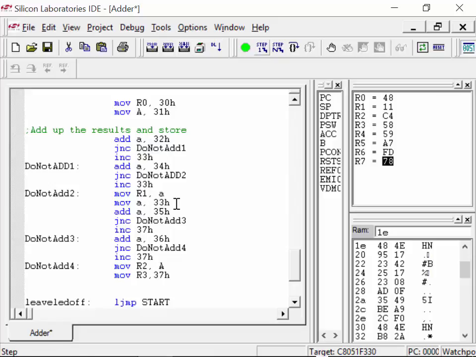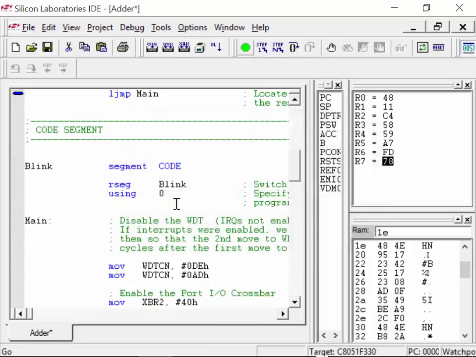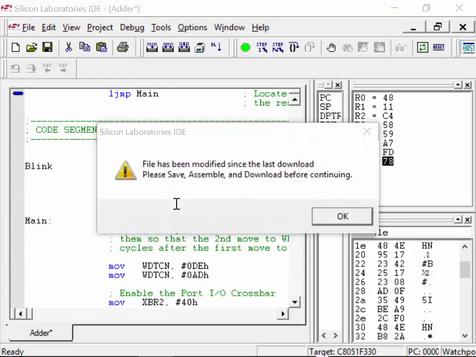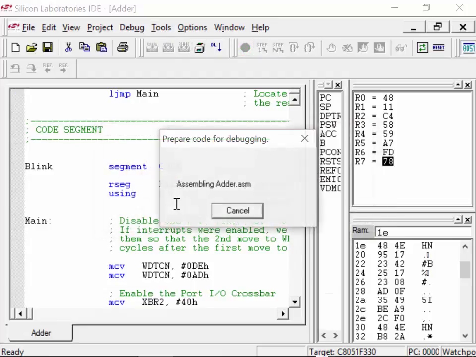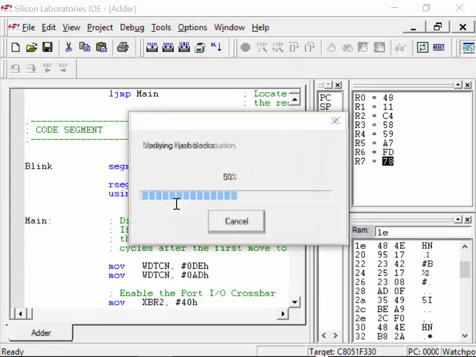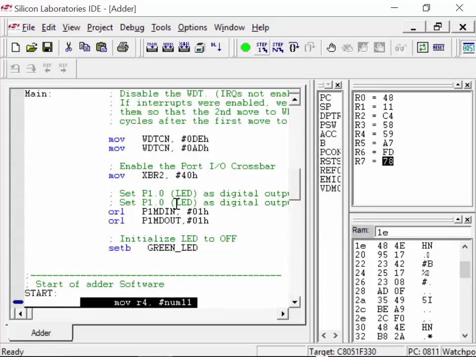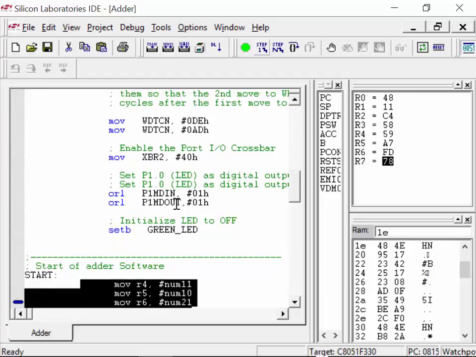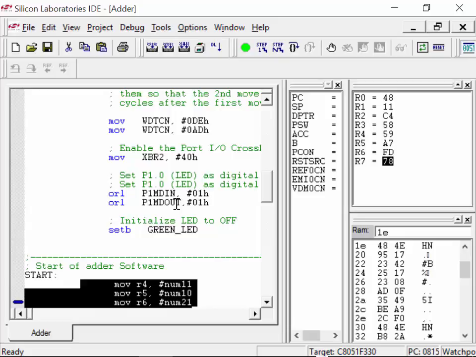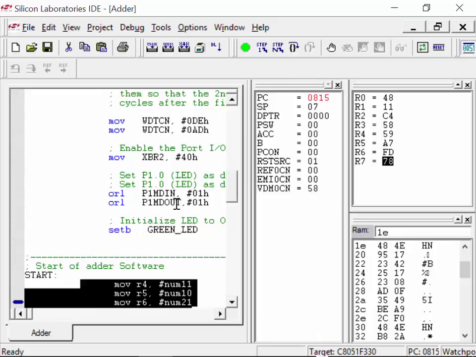So as we go through and execute our code, we can see what's going on. It's one step at a time.